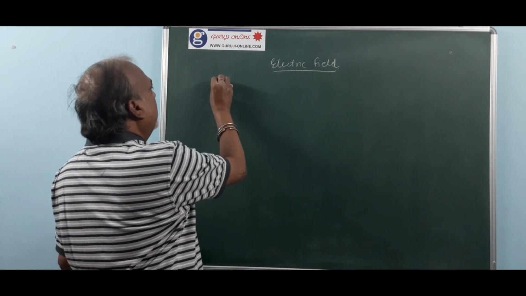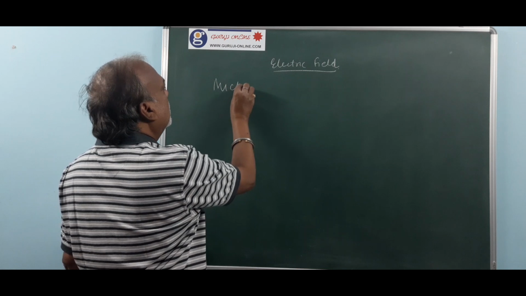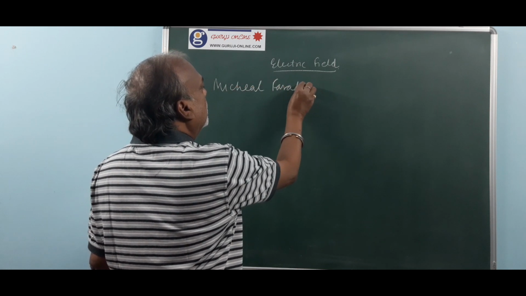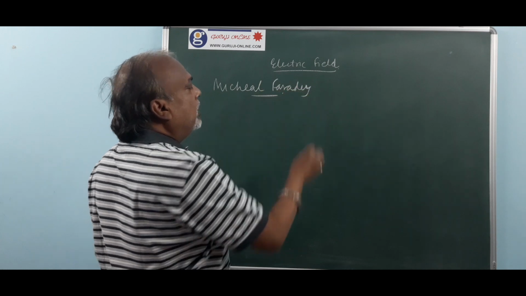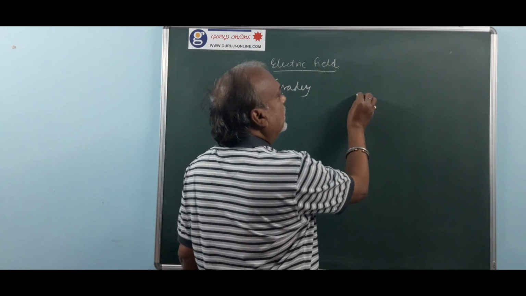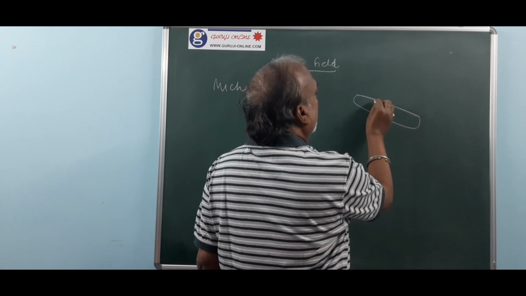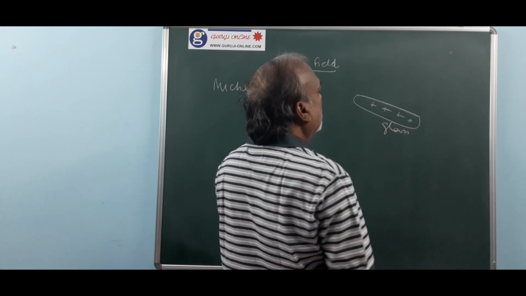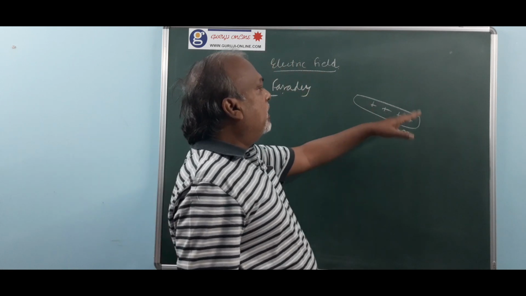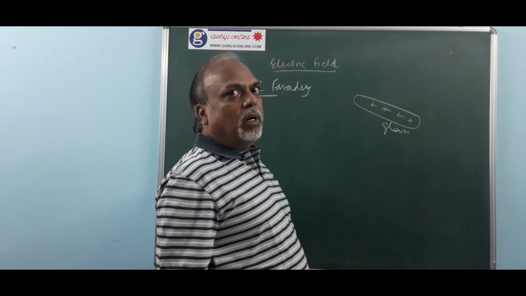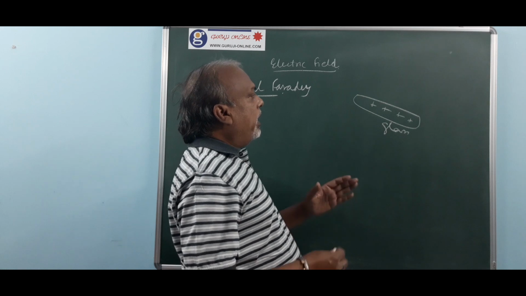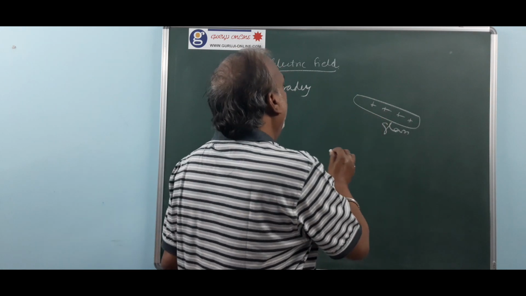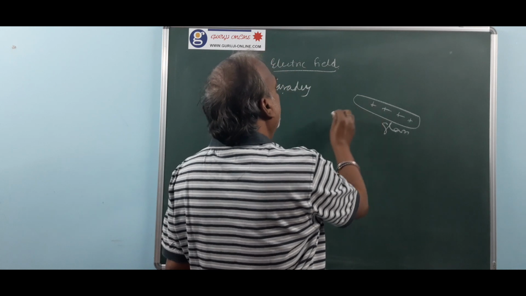Actually, Michael Faraday found that when a glass rod is charged, then the region of influence of this glass rod changes in comparison to when it is not charged. So this is basically the influence of the field around this.